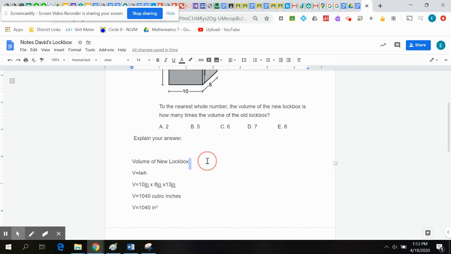All right, so now let's find the volume of the old lockbox. Again, most of you did a very good job. I was very, very happy. However, we do need to pay attention to detail. We do need to include our units. Just that extra step in communicating correctly. All right, so volume equals, whoops, I don't want to underline all that.